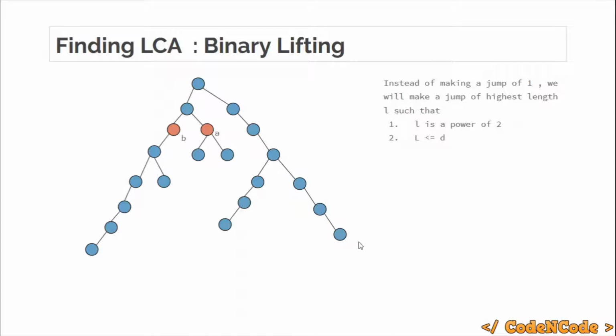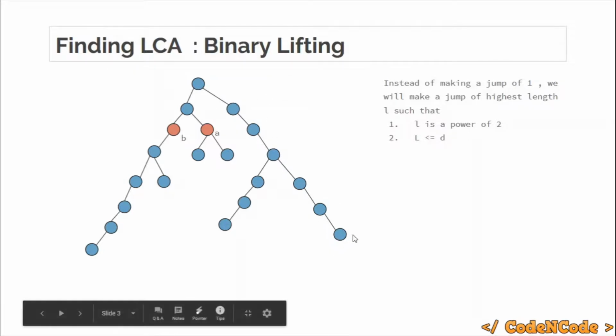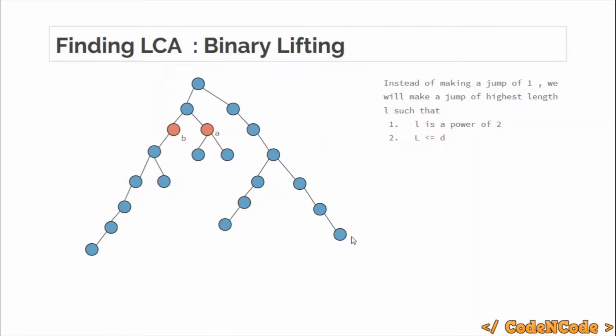So for this node we need to save 2 to the power 0, which is this direct parent, 2 to the power 1st parent, which is this, then 2 to the power 2nd parent, which would be this because it is at length 4, and finally 2 to the power 3rd parent, which doesn't exist, so we don't have to go till that. For each node we have to keep all powers of 2.